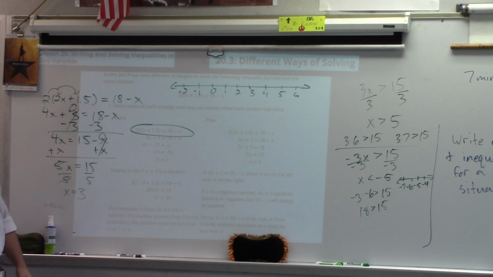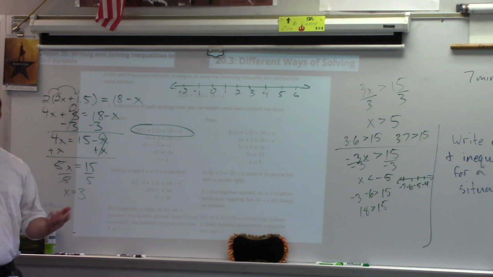I know 3 needs to be on here, but is 3 itself a solution? How could we figure out if 3 is a solution?